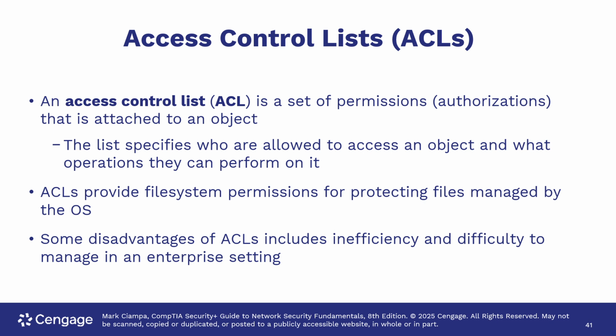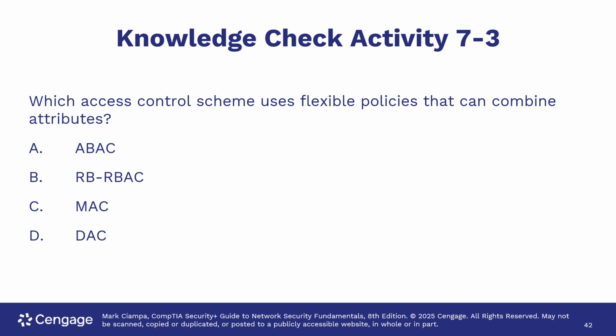Access control lists also provide file system permissions for protecting files managed by the operating system. Some disadvantages of access control lists include the inefficiency and difficulty to manage in an enterprise setting. Enterprise meaning that there's lots of traffic that you're having to deal with on the fly like that.